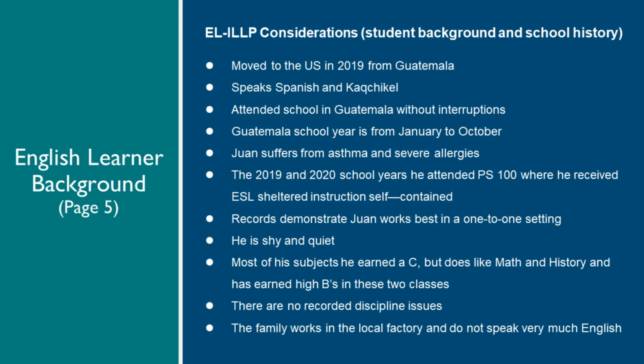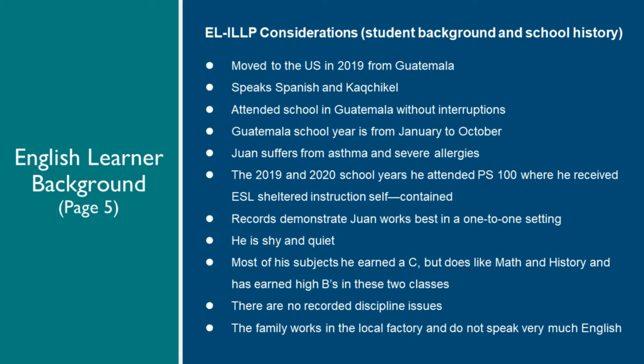The following slides will address the student background, school history, student strengths, and areas of need to be filled out for guidance in placement and lesson planning. This slide includes some examples of what you might add to give a snapshot view of the student's background and school history. It can include academic background, health, community, and family language support.